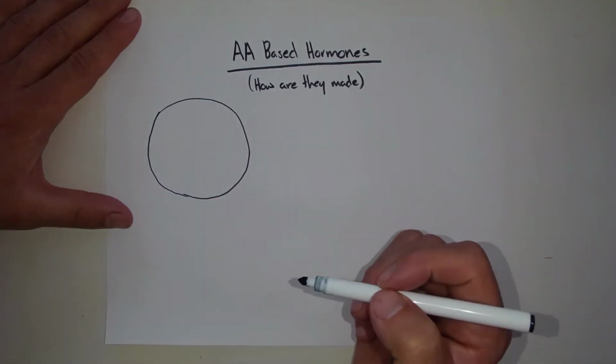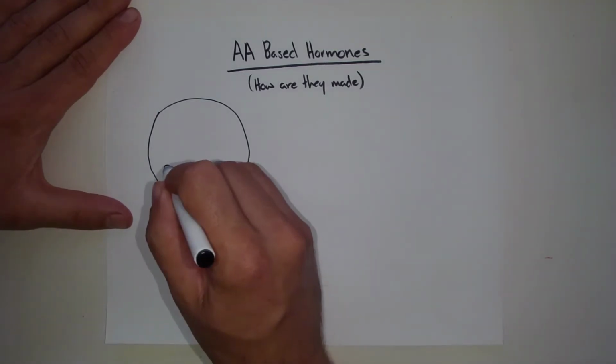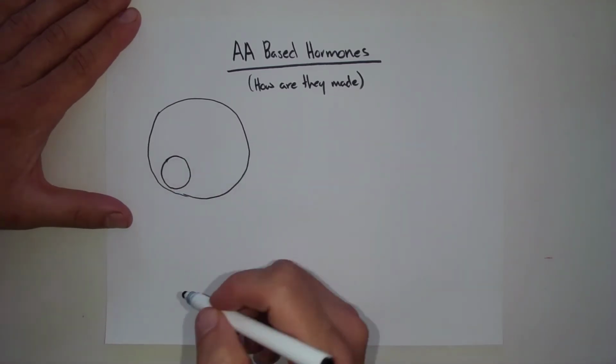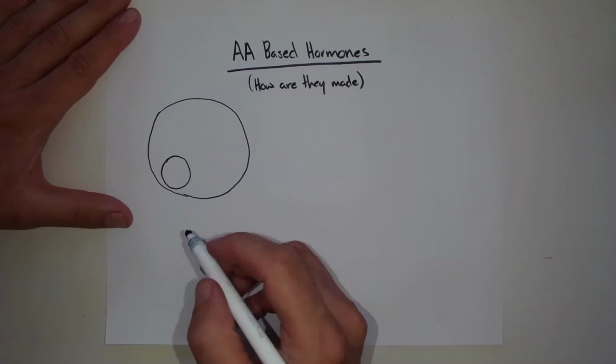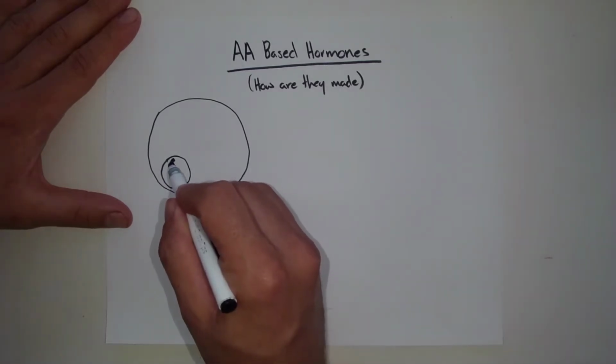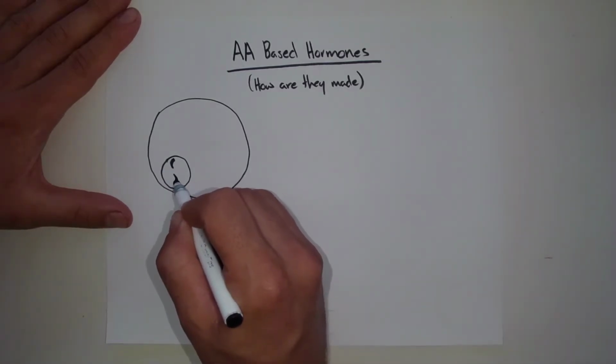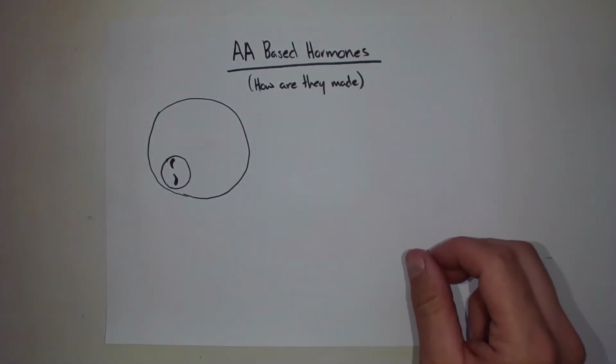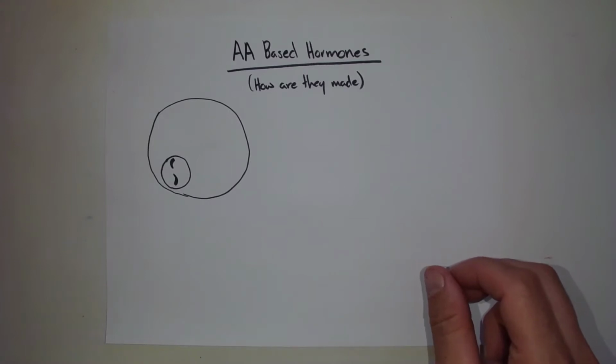Here I have a cell. And within that cell, I have the command center, the nucleus. And within that nucleus, we have DNA. And on that DNA, we have a gene.